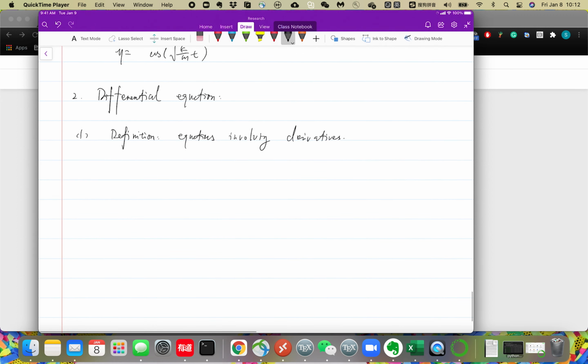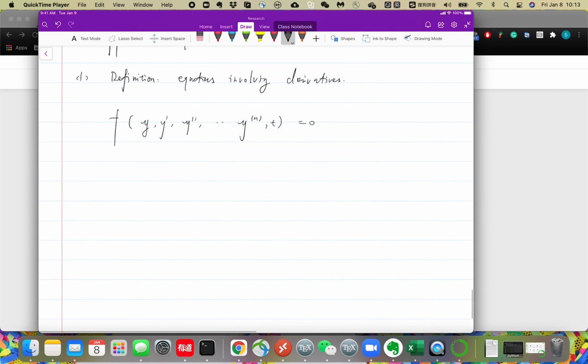The mathematical representation is that you have some kind of relationship between y, y prime, y double prime, all the way to the nth derivative of y, equals 0. Maybe adding another one, which is t, the time, equals 0. So it's an equation which involves everything about y all the way up to the nth order derivative.